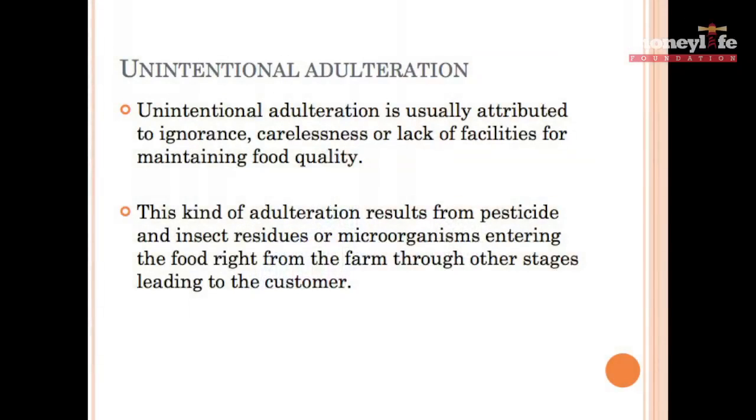The other form is unintentional adulteration, which is usually attributed to ignorance, carelessness or lack of facilities for maintaining food quality. This kind of adulteration results from pesticide and insect residues and microorganisms entering the food right from the farm through the stages leading to the customer.